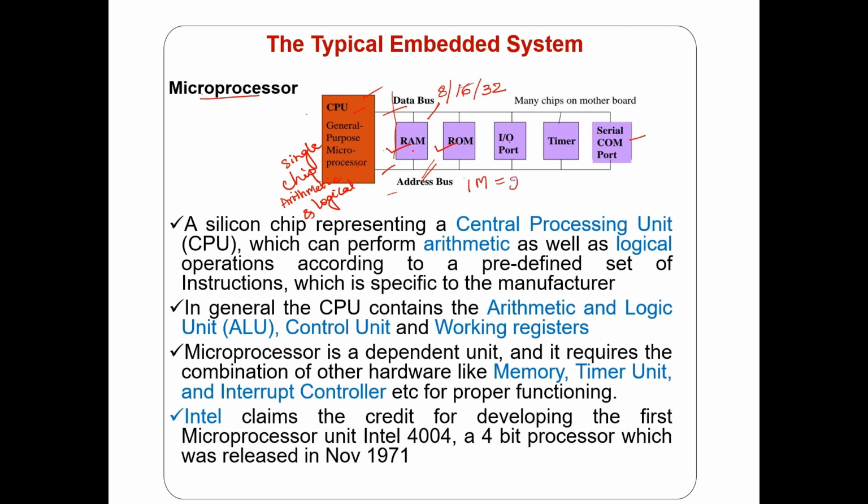How many address lines do we need? We compute those address lines through the equation: the number of memory locations equals 2 to the power of n. Finding n, you will get 20 address lines. That is how the address lines and the data lines are concatenated to form the address bus and the data bus which are being designed.